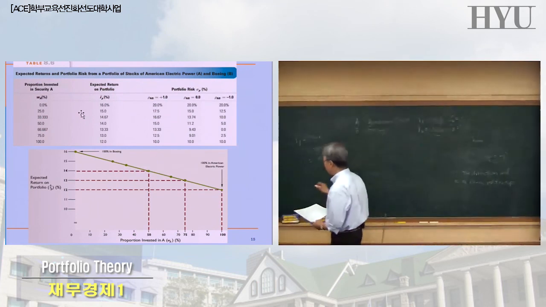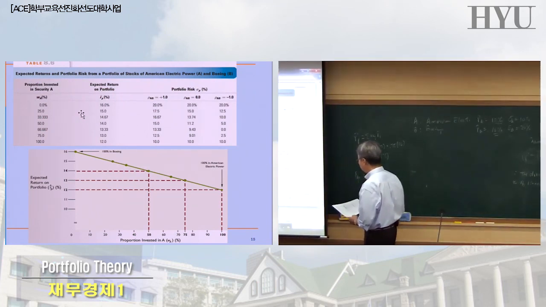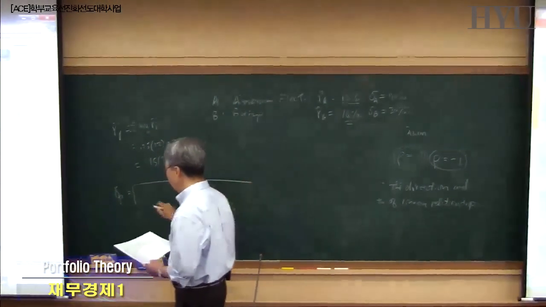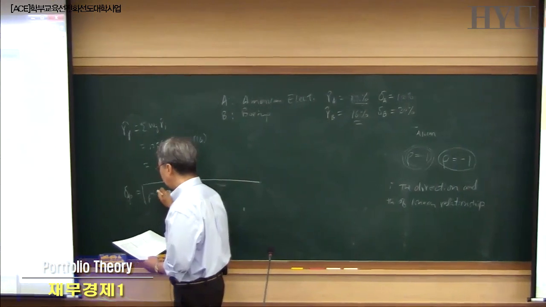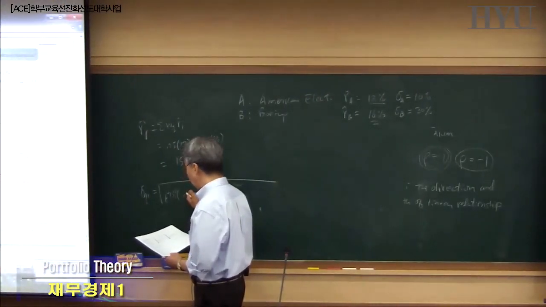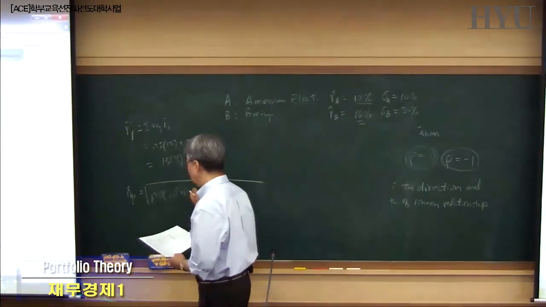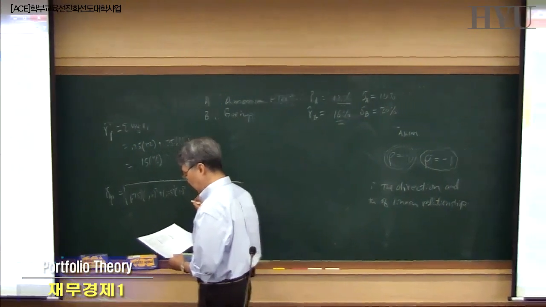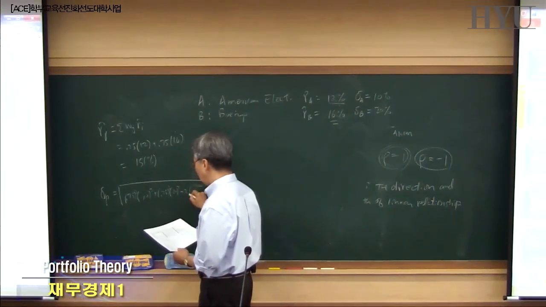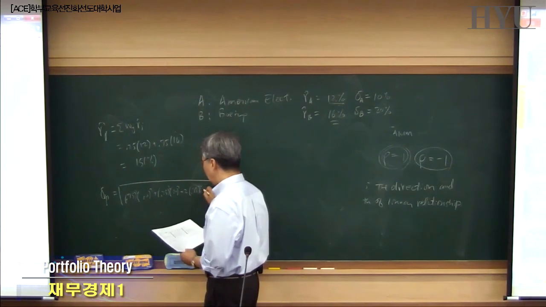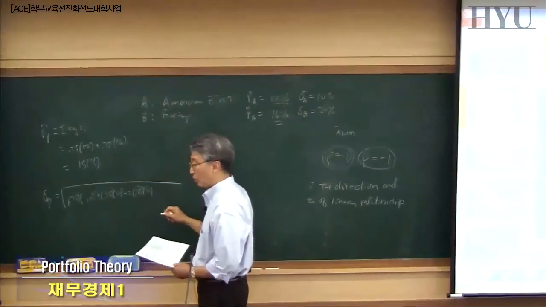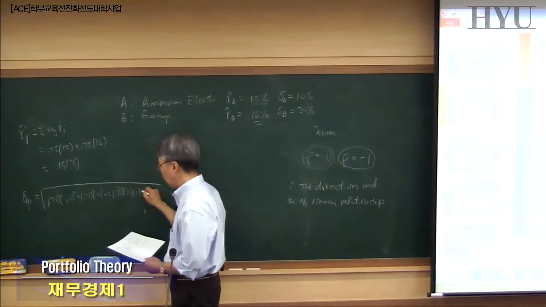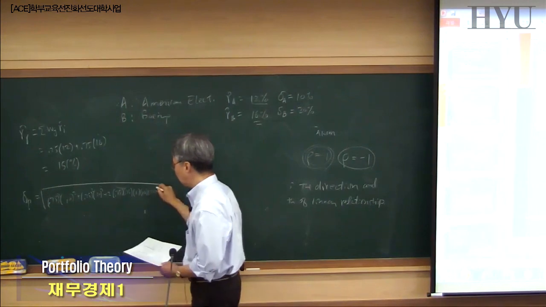So sigma P, the standard deviation for the portfolio, would be the square root of 0.75 squared times 10 squared, plus 0.25 squared times 20 squared, plus 2 times 0.75, 0.25, and rho, which we assume is exactly 1, and then 10, 20, okay?